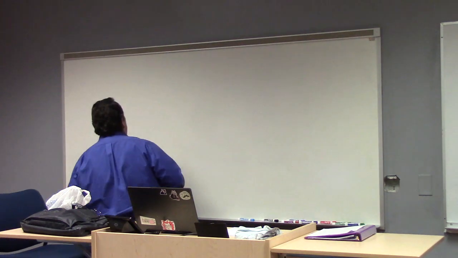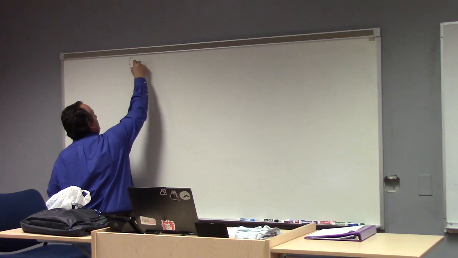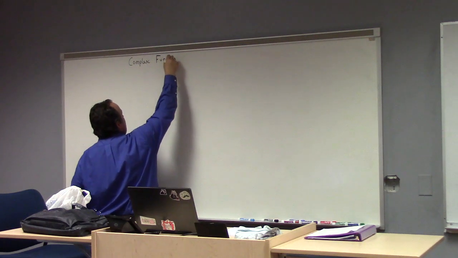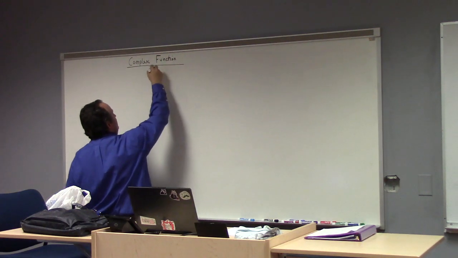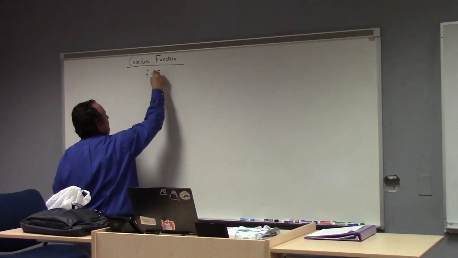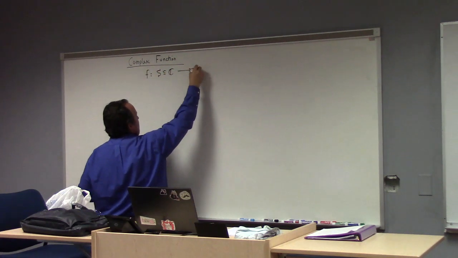All right, so I was talking about complex functions, and so a function of the complexes, well, that means it's a function from the complex numbers to the complex numbers, right? So generically speaking, we're talking about a function from some subset of the complex numbers to the complex numbers.